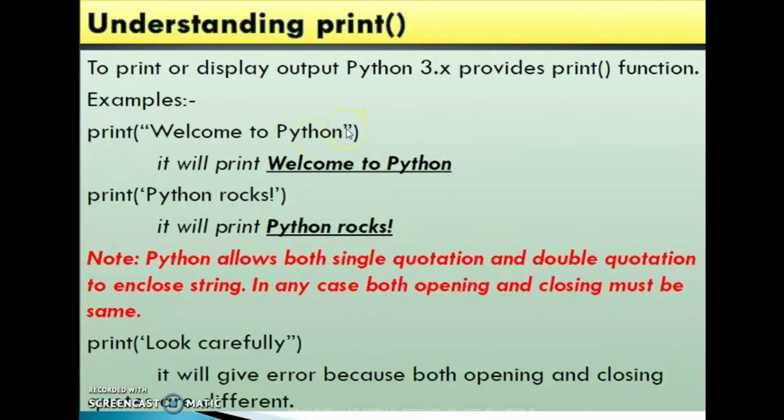Close this double quote, close this parenthesis. It will print welcome to Python. The next one, print, opening parenthesis, open the single quote, Python rocks, then close the single quote, closing parenthesis. It will print Python rocks.